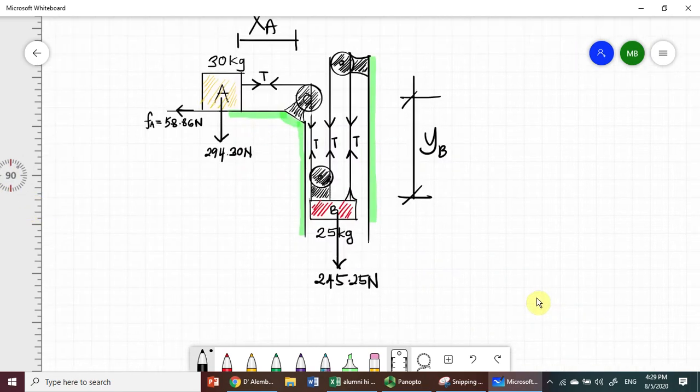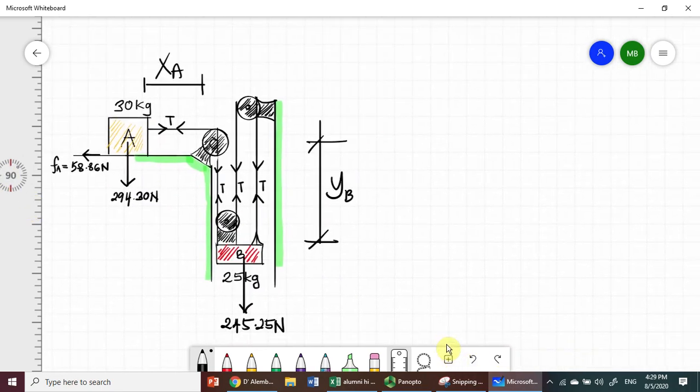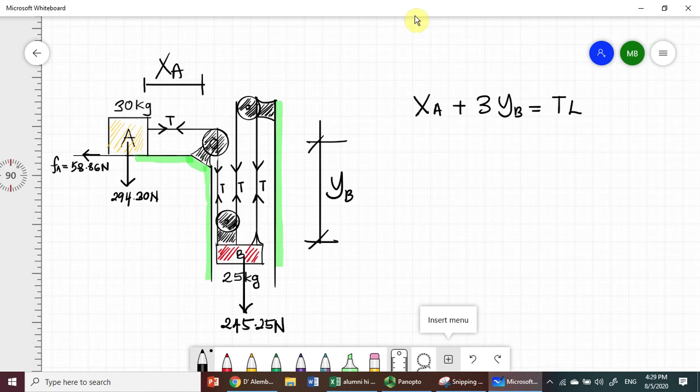Now let's establish the correct equation for this one. So we have XA plus 3YB equals the total length. Now, when the length increases, the velocity is positive. And when the length decreases, the velocity will be negative.